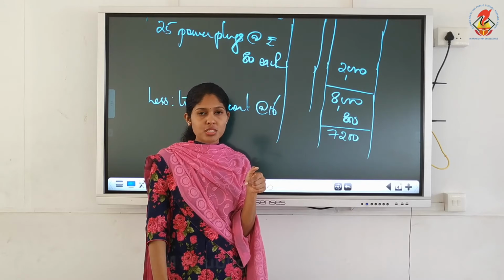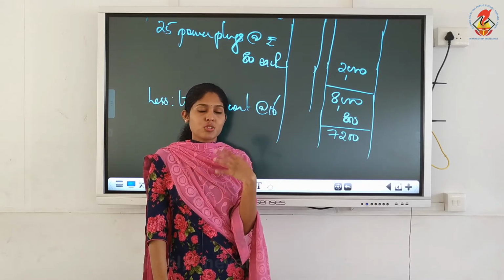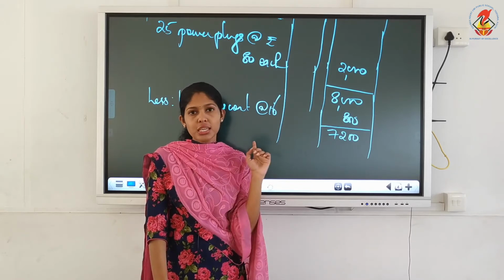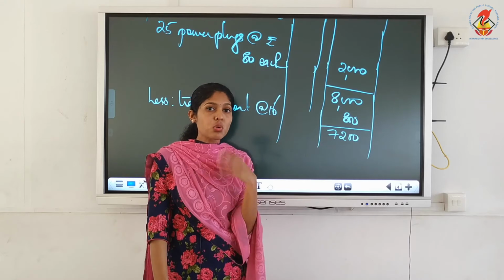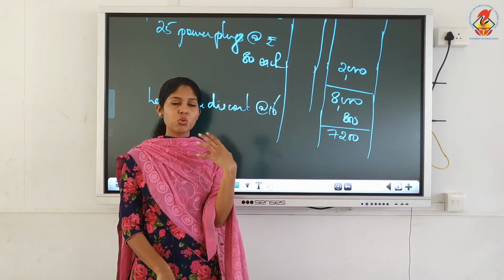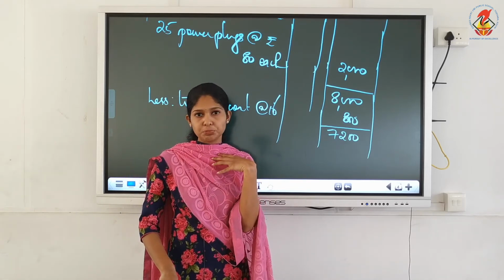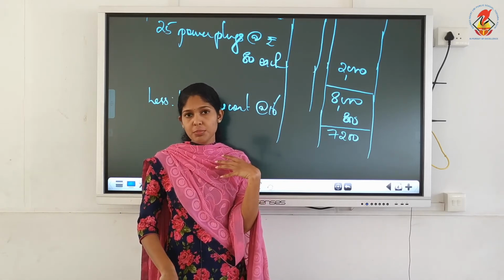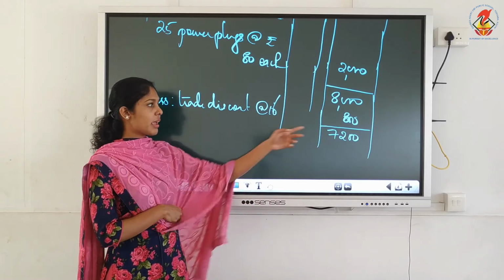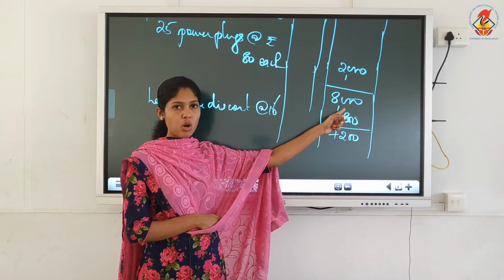Did you see freight charges 75? Freight means it is the shipping charges or transportation charges which we have to add with the amount because that is also an additional expense for you. Discount is like what can be called the discount for the firm. It can be like when you receive it's an income, but when you spend it's an expense. So less trade discount means this amount you will not get. You are supposed to receive 8000 but you will not get 8000.